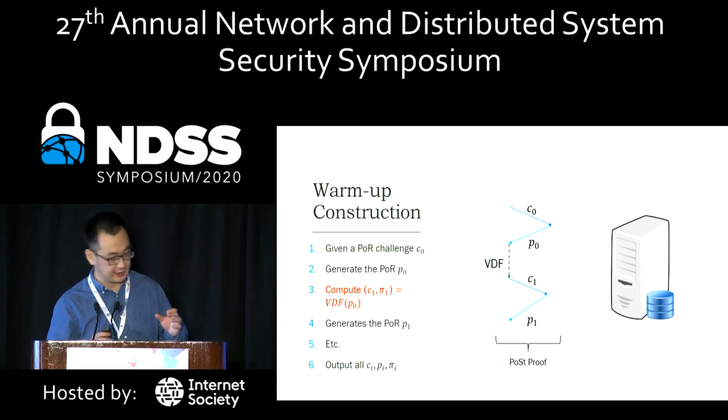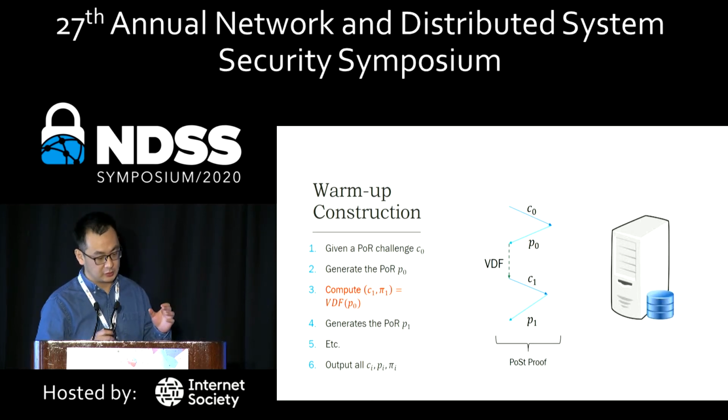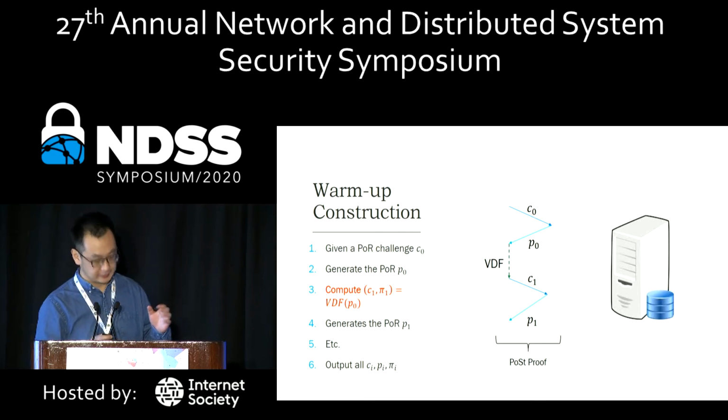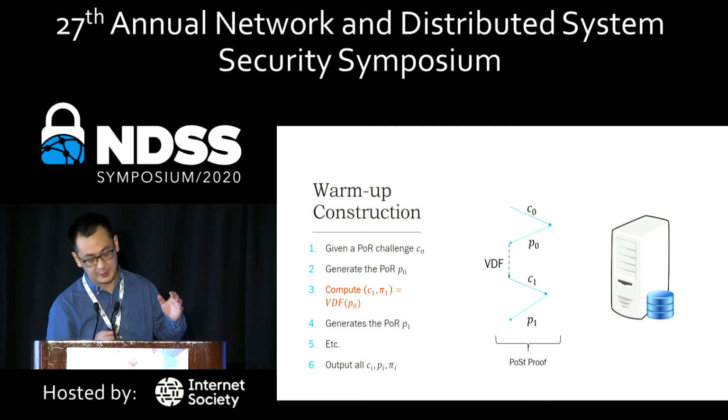We want to guarantee that the server checks the data once in a while during the whole storage period. If there is a specific delay, we can guarantee that if we cut the time into slots, every POR will be computed in a specific time slot, and they will not be rapidly computed at the beginning of the storage period.